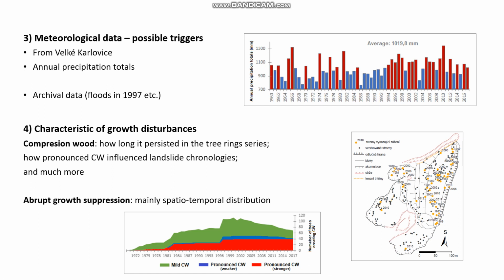Finally, I focus on the characteristics of growth disturbances in the samples. For example, how long compression would persist in the tree rings, how strong the compression wood was, and whether abrupt growth suppression in the trees around the study site is clustered or dispersed.